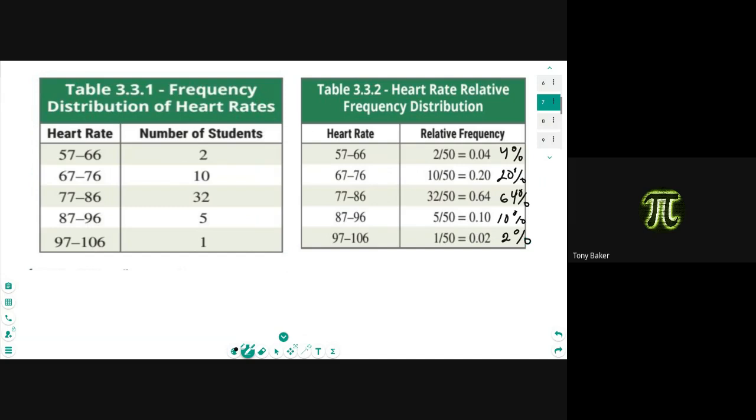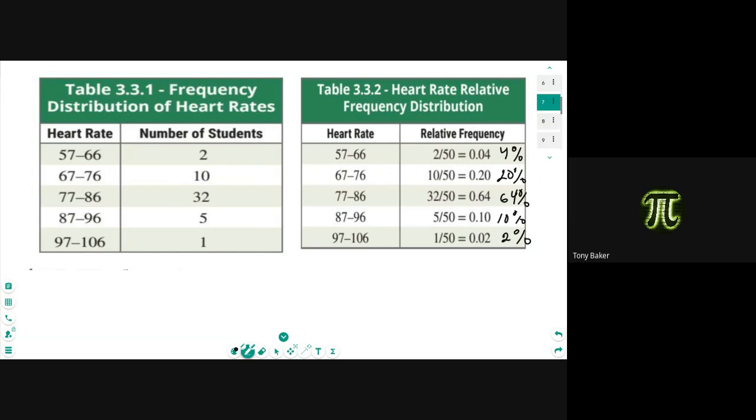While looking at it in terms of percents doesn't give me any more of a pattern, the pattern's still the same. It does allow me to tell people what's going on in a way that they understand. Because most people have an understanding of what a percent means and know it's out of 100. In this case, we did it out of 50.